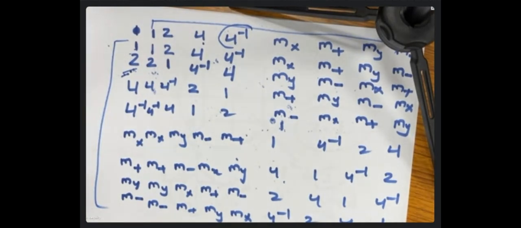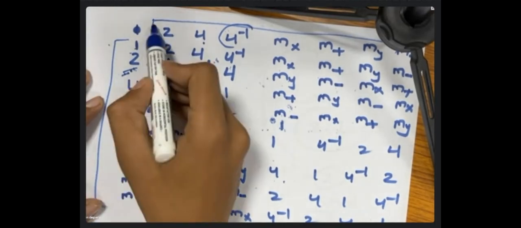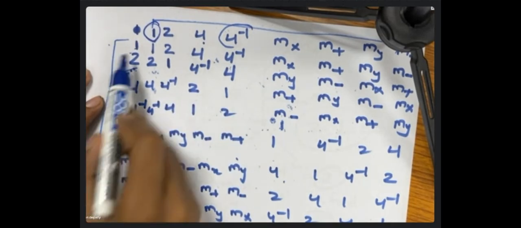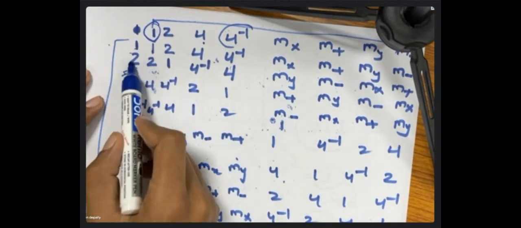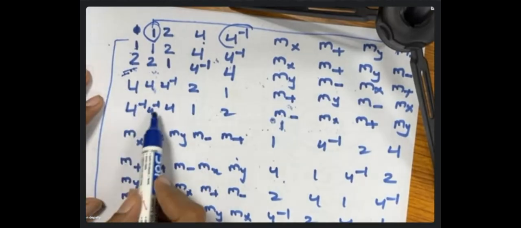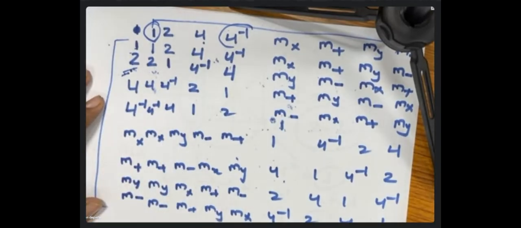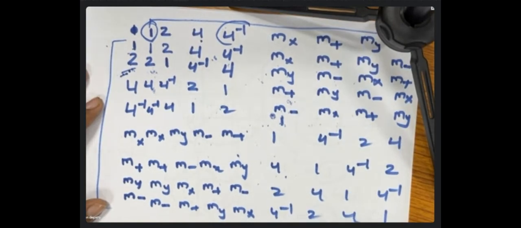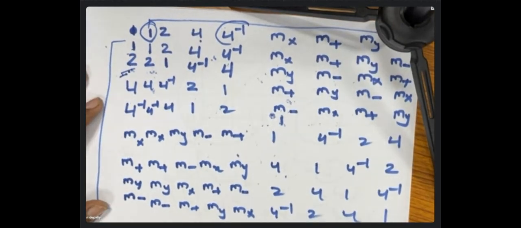Multiplying one thing with another does not affect it. So 1 is 1, for 2 it's 2, the operations are not changing, mx is remaining as it is. So we have the identity.